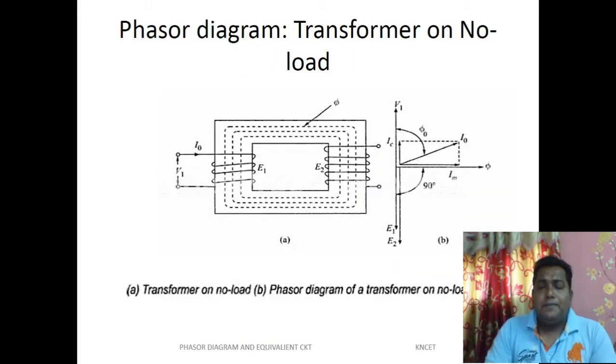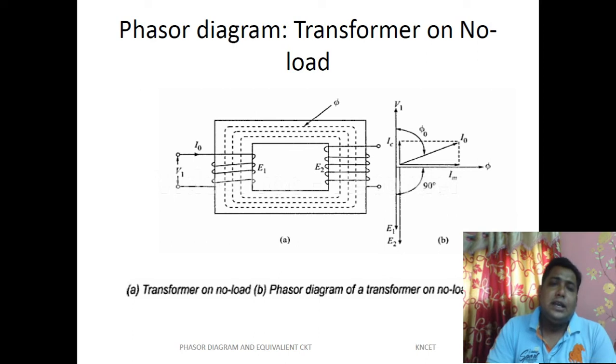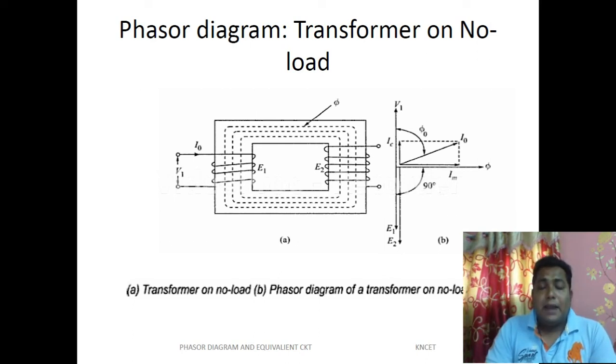Here we have considered a single phase transformer, and as you can see in the diagram, there are two windings, primary and secondary, with N1 and N2 turns, and due to that there is generation of E1 and E2 EMF.